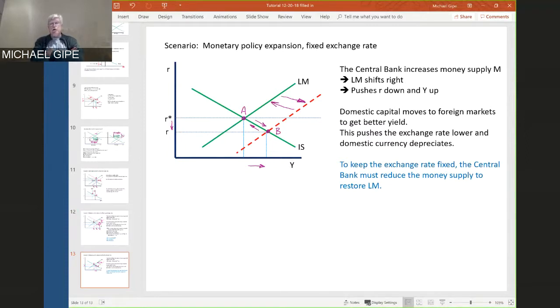And in fact, in order to keep that fixed exchange rate, they have to keep adjusting the money supply in order to bring things back into balance. So essentially, with a fixed exchange rate, the central bank has no ability to control the money supply and the consequences of being able to adjust that.